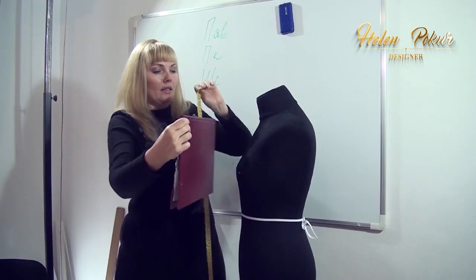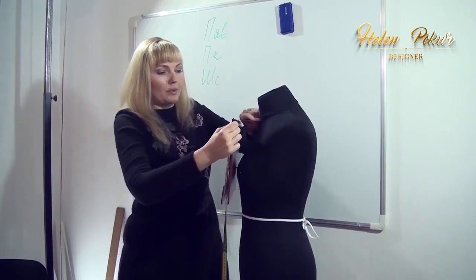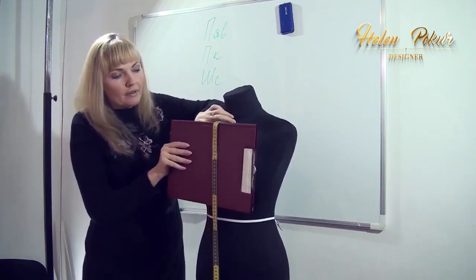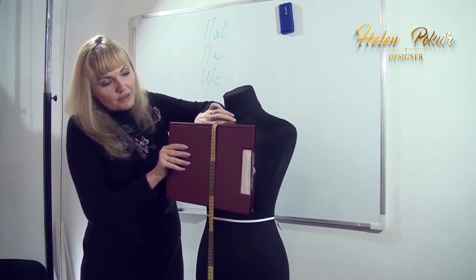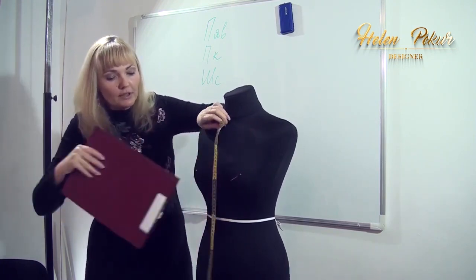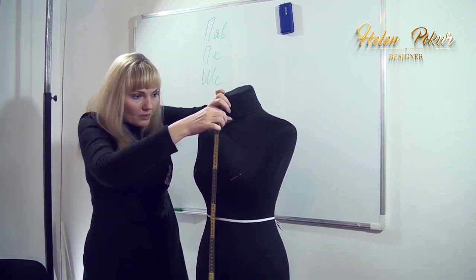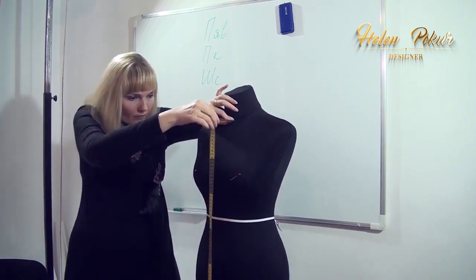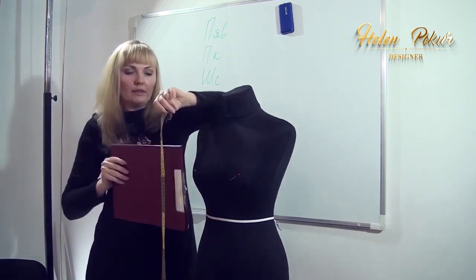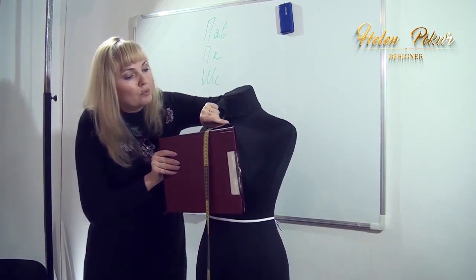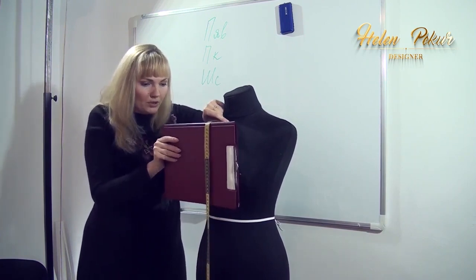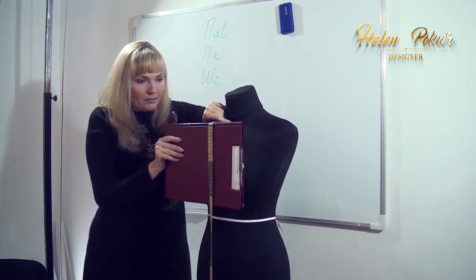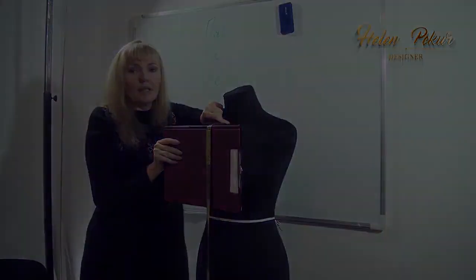Now I need to measure the bust tuck depth. It is measured like this. From the point of the neck in the center of the front, I make a right angle. The first side of the corner is horizontal. And the second side of the corner should rest against the plane of the bust. I need the number on the tape, which is the apex of the corner, and I use this figure.